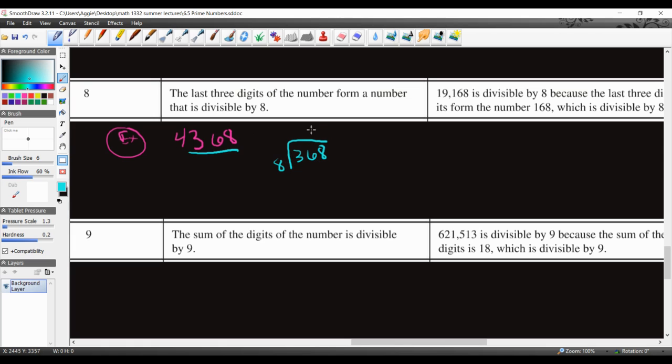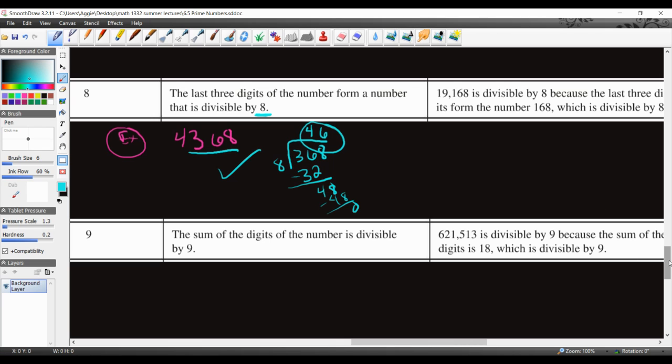So let's see, 8 goes into 36 4 times. It's going to give me 4, 8. 8 goes into 48 6 times. So it looks like it is divisible. Remember, as long as it ends in a whole number, a natural number, it's going to work. So that means that 4368 is indeed divisible by 8.